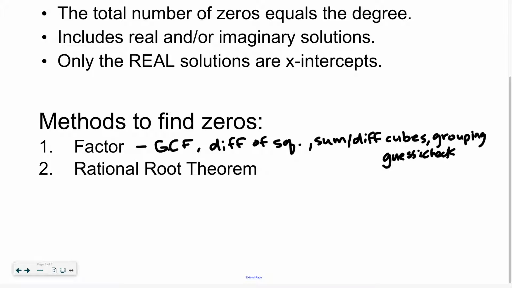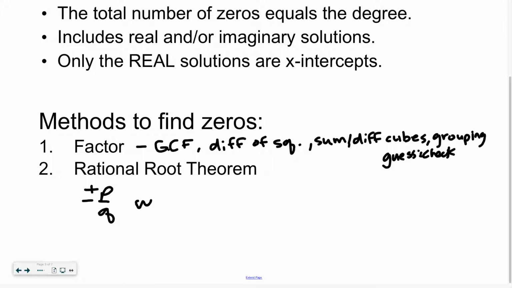So when everything doesn't factor, you use rational root theorem. So that's your plus or minus P over Q. Instead of checking any number that you just randomly choose, pick a number from this list, ratio of factors of your constant over factors of your leading coefficient, because if a rational zero exists, it is on that list.